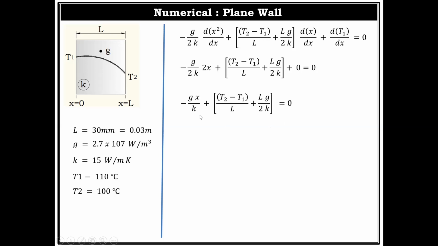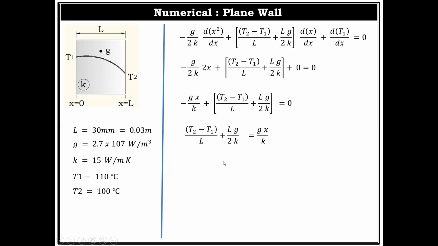Now the simplified form: minus Gx, because 2 gets cancelled, upon K, plus T2 minus T1 upon L plus LG upon 2K equals 0. This negative term, if we shift it here, becomes positive, so it becomes positive Gx upon K.